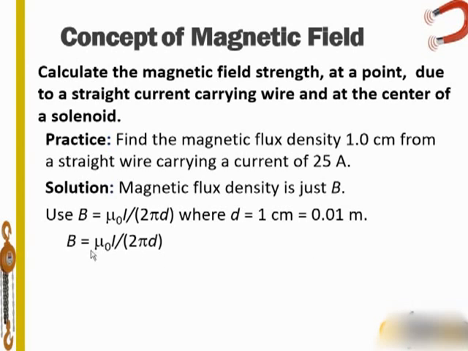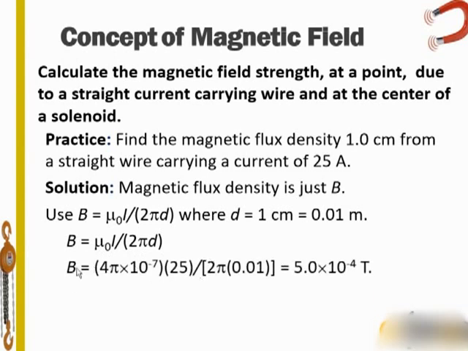So going back to the expression, we can now substitute in what we know. The permeability of free space, mu, is equal to 4 pi times 10 to the minus 7, multiplied by the current, which in this case we're told is 25 amps, all divided by 2 pi times 0.01.